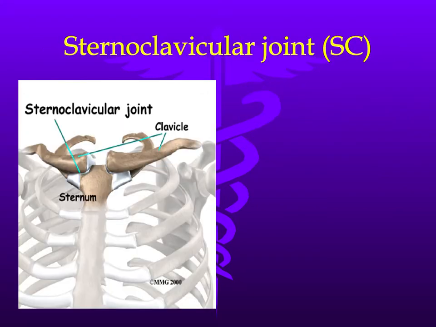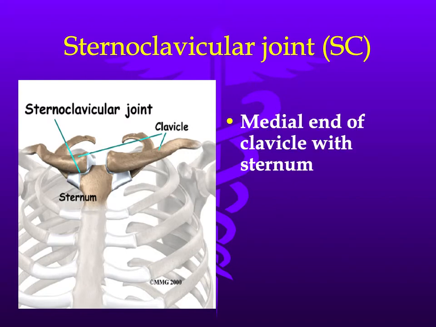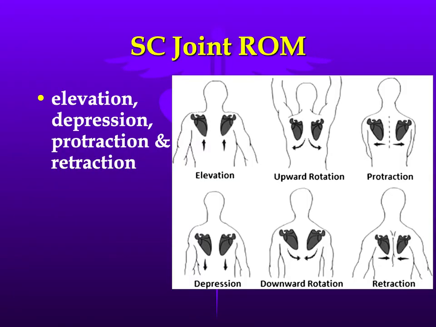Our next joint is called the sternoclavicular joint, or the SC joint. This is where the medial end, or the inside end, of the clavicle articulates with our sternum, the chest bone. Here we have all sorts of range of motions with our SC joint. We have elevation, bringing your shoulders up, and depression, when your shoulders go down.